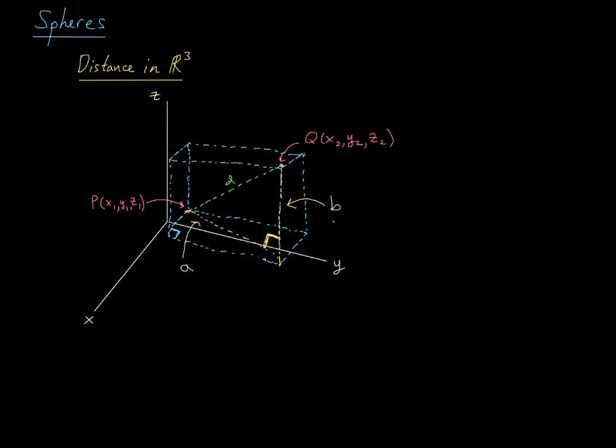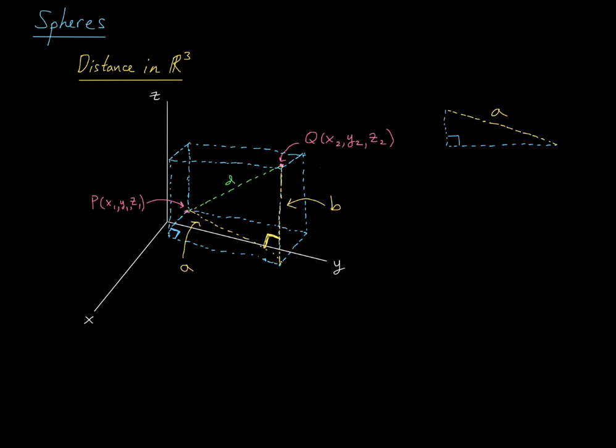Let's now find an expression for A in terms of the coordinates of P and Q. I've copied this triangle of the base over here to the right, and notice A is just this triangle's hypotenuse. Let's take the height of this triangle first.